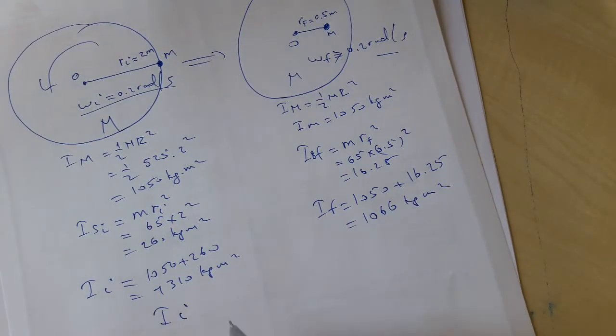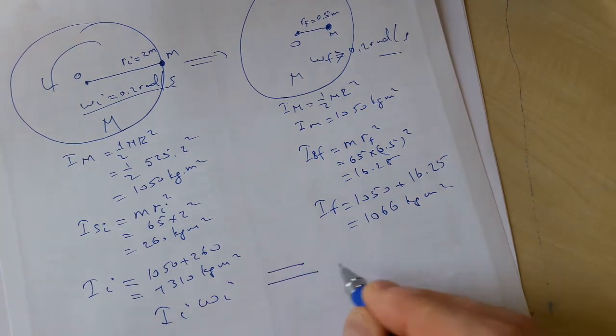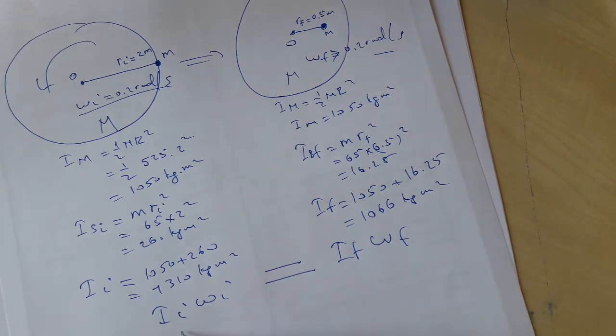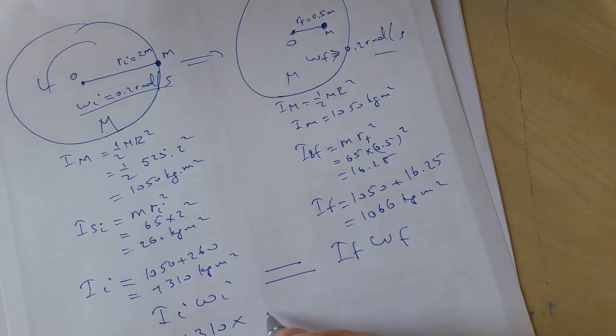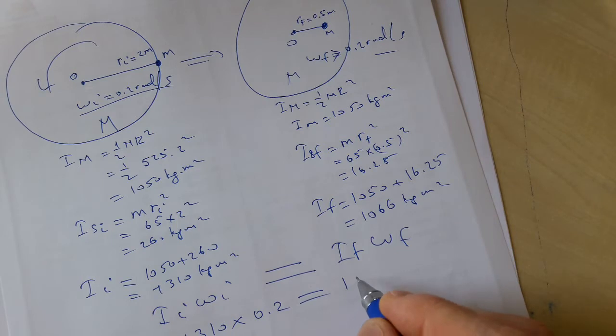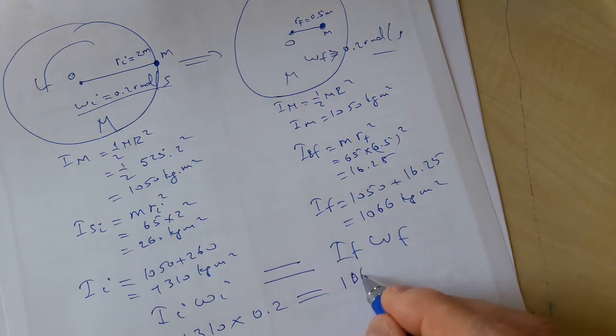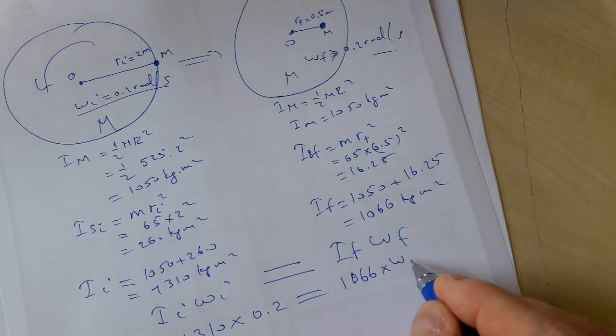Now we apply the conservation of angular momentum. The initial moment of inertia times the initial angular speed must be equal to the final moment of inertia times the final angular speed. So the initial moment of inertia is 1,310, initial angular speed 0.2, equals the final moment of inertia 1,066 times the final angular speed.